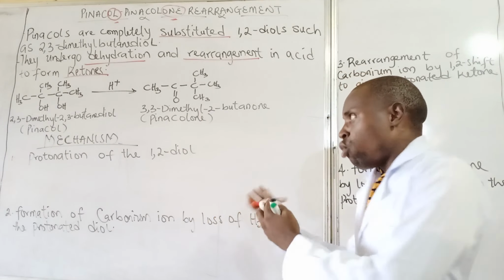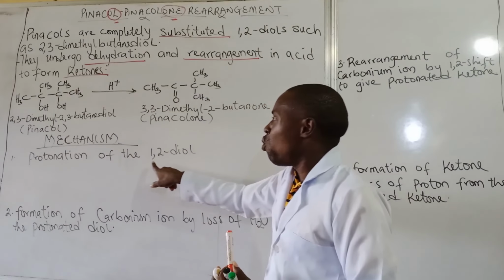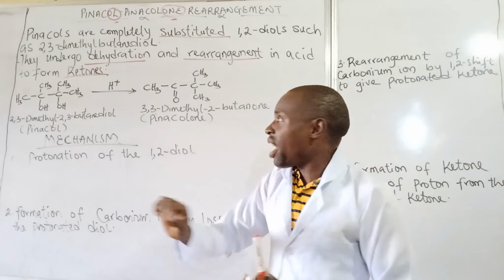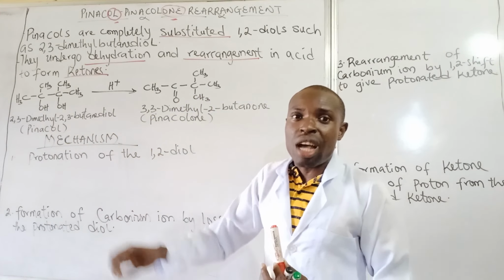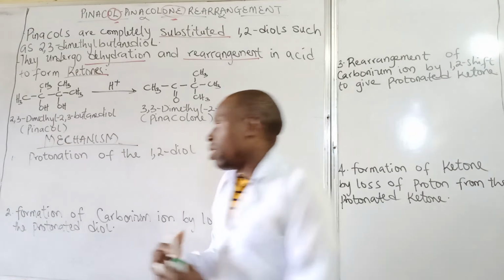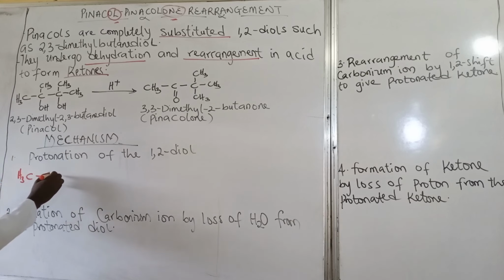Is that understood? So we'll move to the first one, which involves the protonation of the 1,2-diol. And our case study here is the use of 2,3-dimethyl-2,3-butane diol. Now we'll move straight away to H3O+. This reaction is very, very simple.